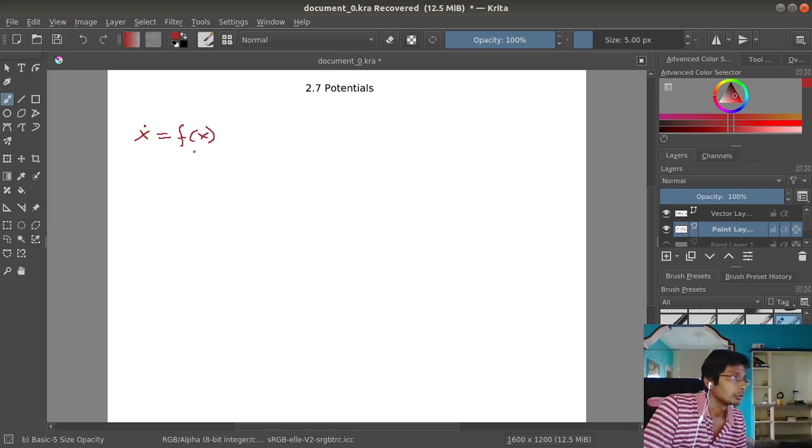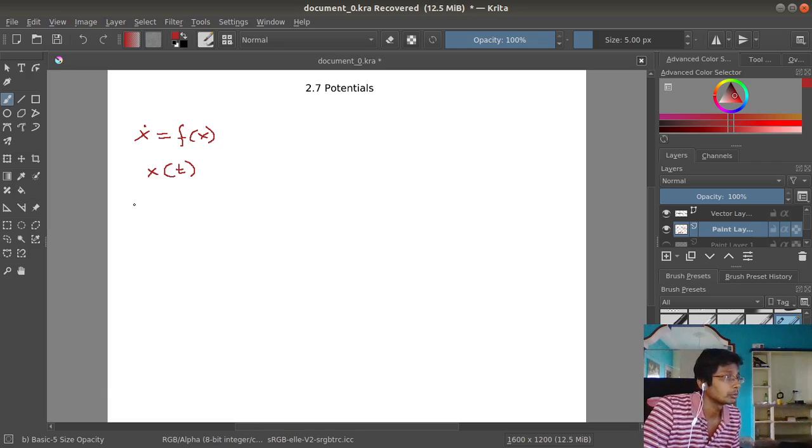For this equation we could solve it analytically, which will provide me x as a function of t, but sometimes it will provide me only the relation between x and t. In order to understand this system qualitatively, if not quantitatively, we used a graphical approach, right?